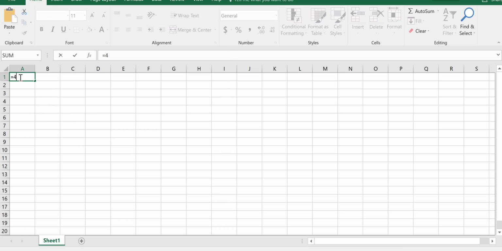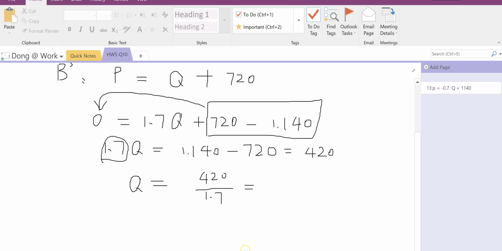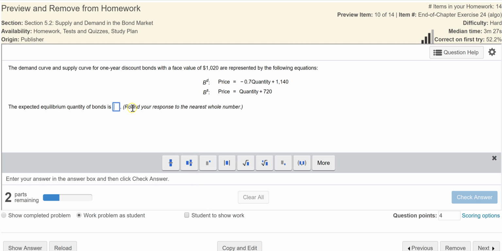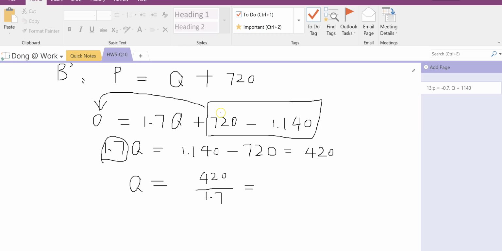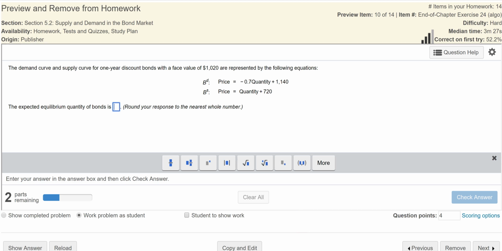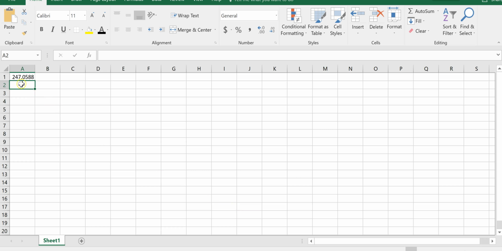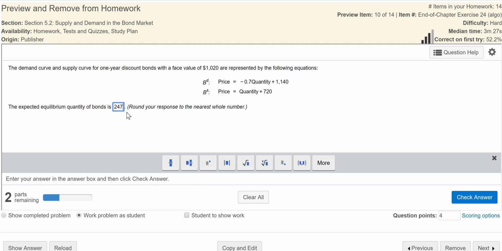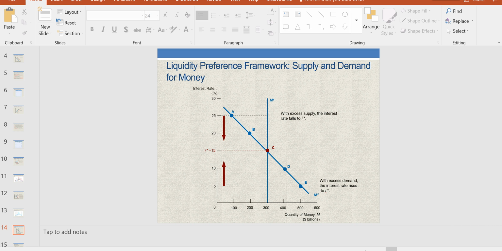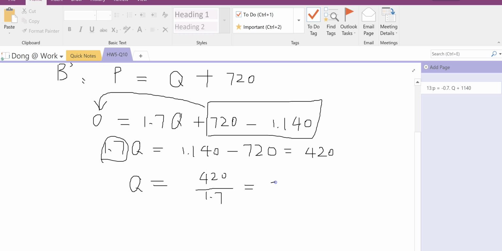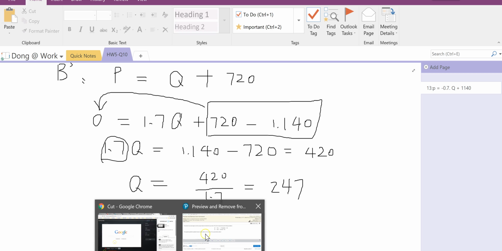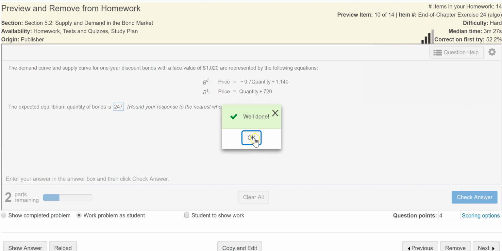So 420 divided by 1.7 is 247 point something. We have to notice the rounding requirement: round your response to the nearest whole dollar. We don't have to round any decimal places. So that gives me 247. Let me check my answer. We're done.